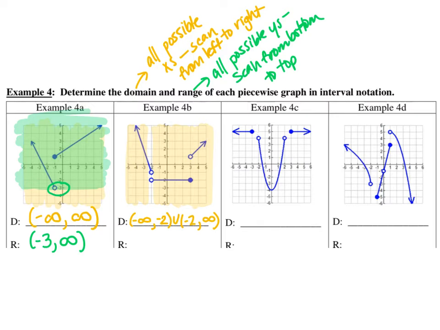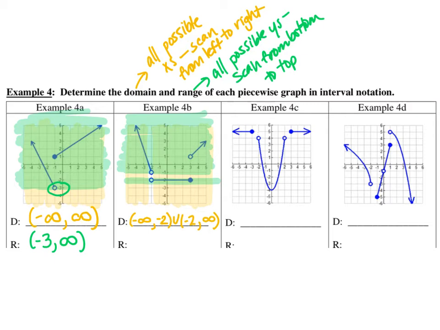Now let's take a look at the range. So remember, range, we scan from bottom to top. So if we're scanning from bottom to top, the first part that we hit on the graph is right here. And then we have to take a jump, and we can continue here and move up, up, up. And these two overlap, but that's okay. And they continue to move up to positive infinity.